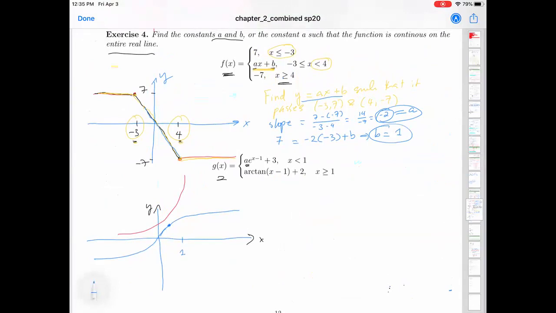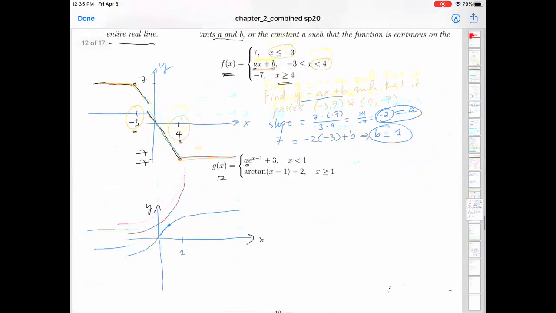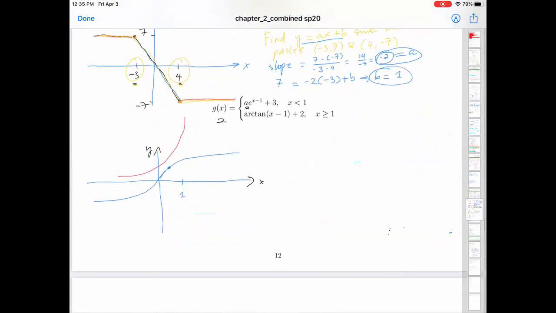All right, go to the next piecewise function. First, I have an exponential function, a times e to the x minus 1, plus 3. And second, I have an arctan function. So this is the graph of arctan. Okay, and then this is the graph of the exponential function.